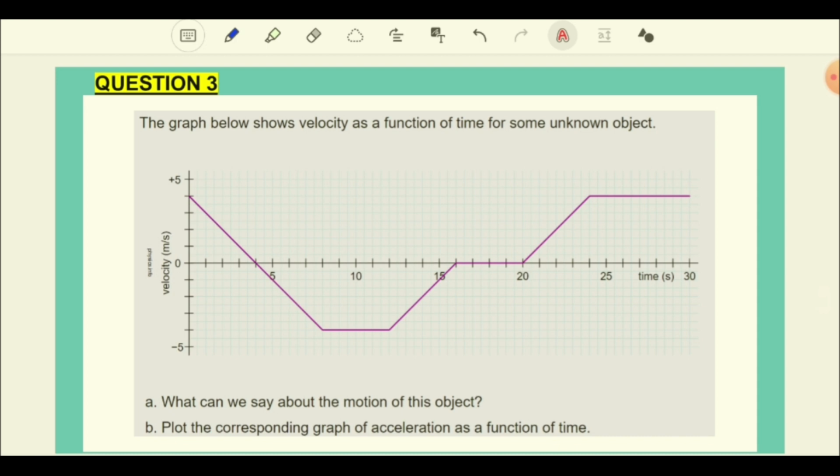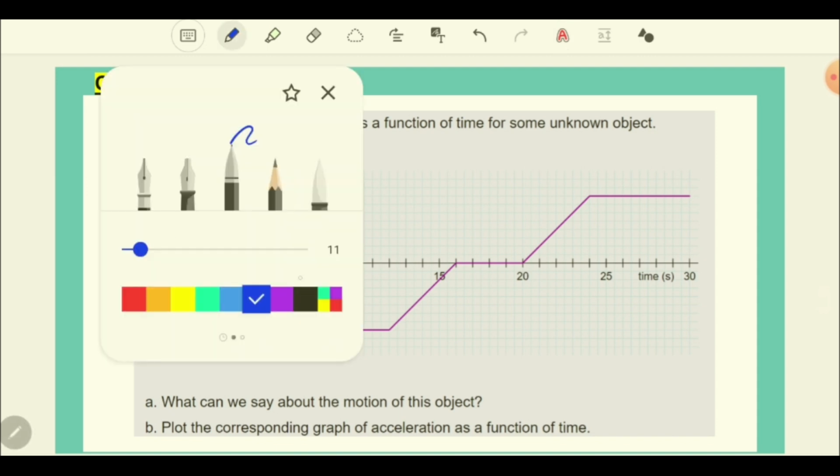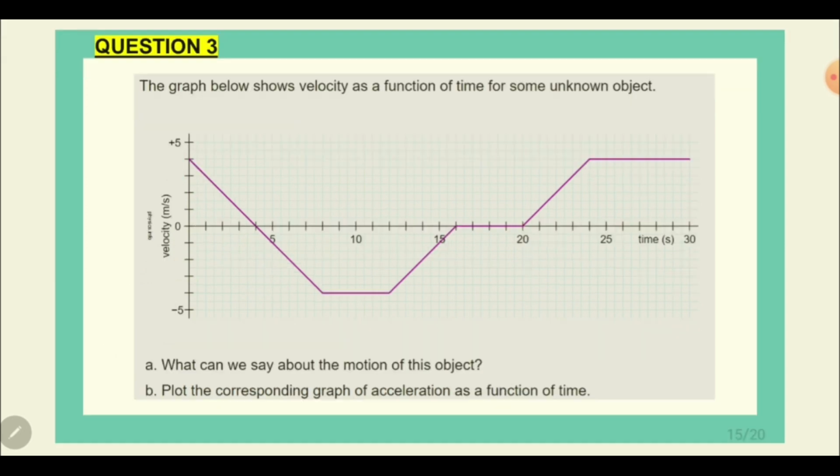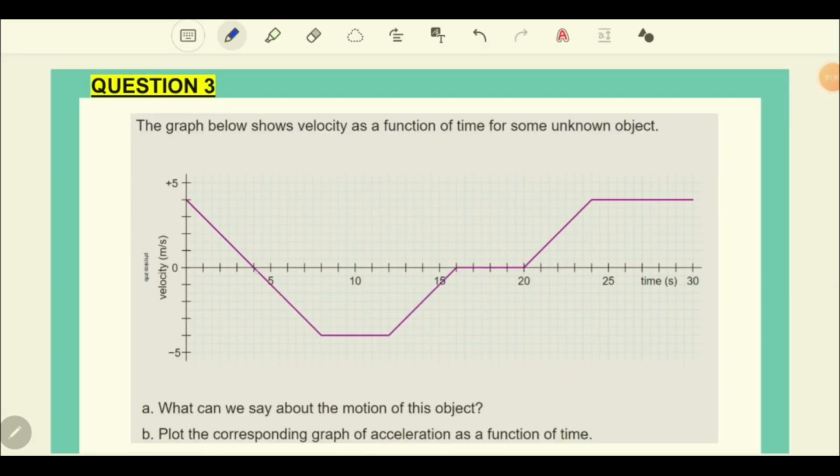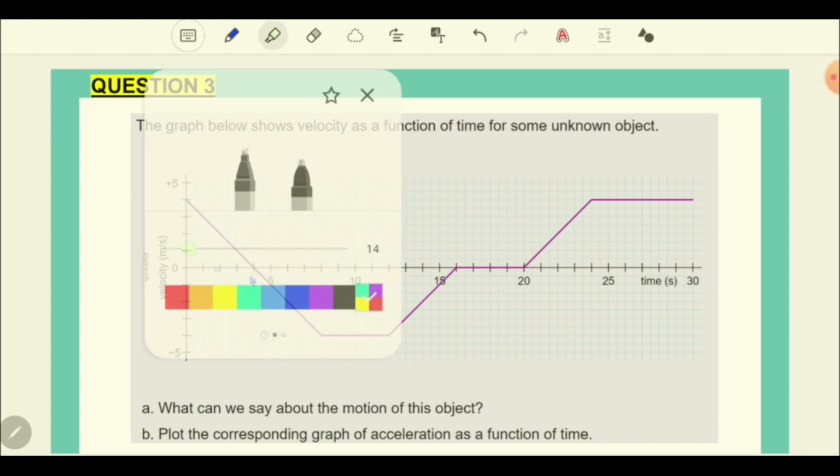So before we answer these two questions, question A and B, I want to calculate first what is the area under the graph. Okay, now look at here from 0 to 4 seconds. Okay, we want to calculate area under the graph.